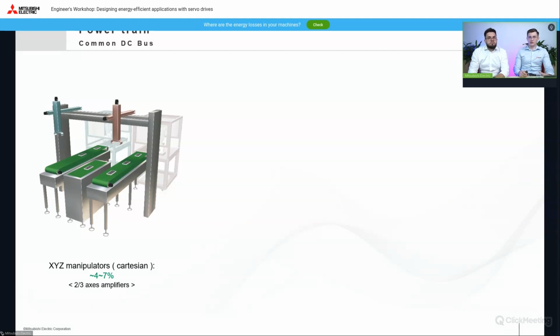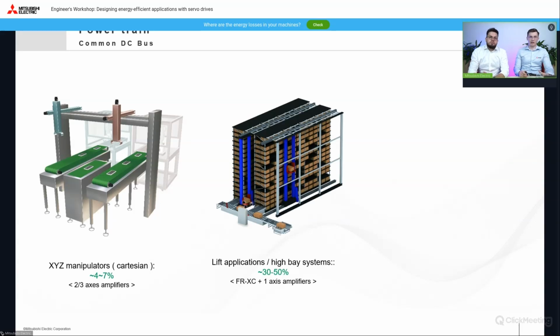The energy savings in this system are usually between 4 and 7%, not very much, but this is still quite a small application. For the lift system, on the other hand, where regenerative energy during the downward movement of the lift is extremely high, values between 30 and 50% could be easily obtained.